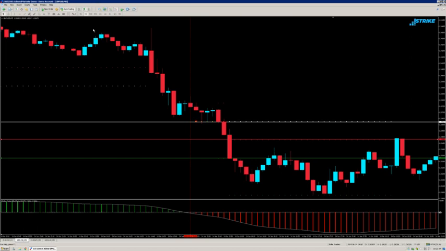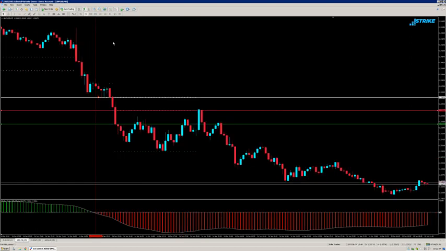Now, the reason why the system has a default setting of 15 pips stop loss and 30 pips target is because it's trying to recommend a 2-to-1 reward to risk ratio.